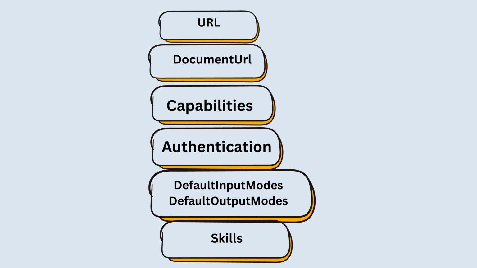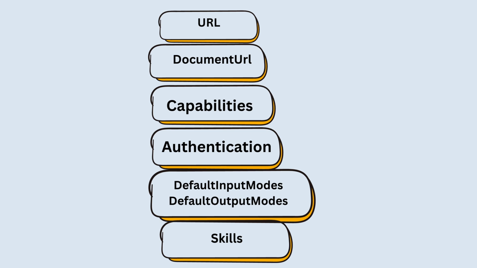Then the documentation URL is basically where you have more details about the agent, or a user manual guide, etc. Okay. Then capabilities, whether this agent can provide streaming capability or notification capability. So this section will define that.